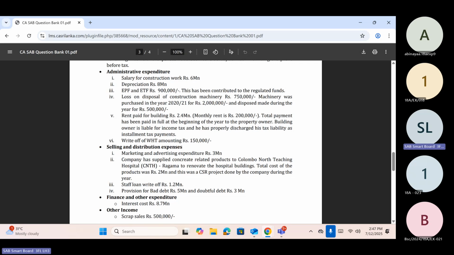Let's say interest cost. First we add back, as already done when we arranged the property. First we add back the entire interest cost, thereafter we deduct whatever is allowed. Interest cost, how much? 8.7 million.